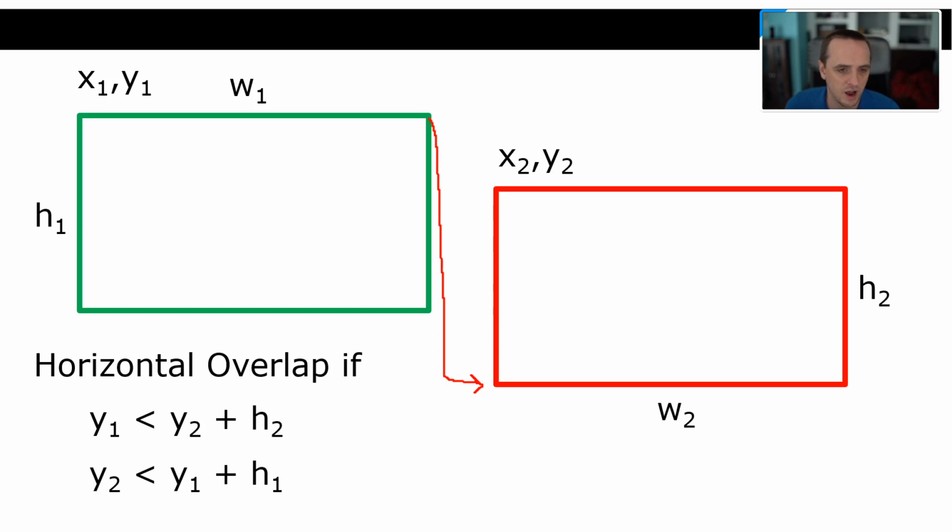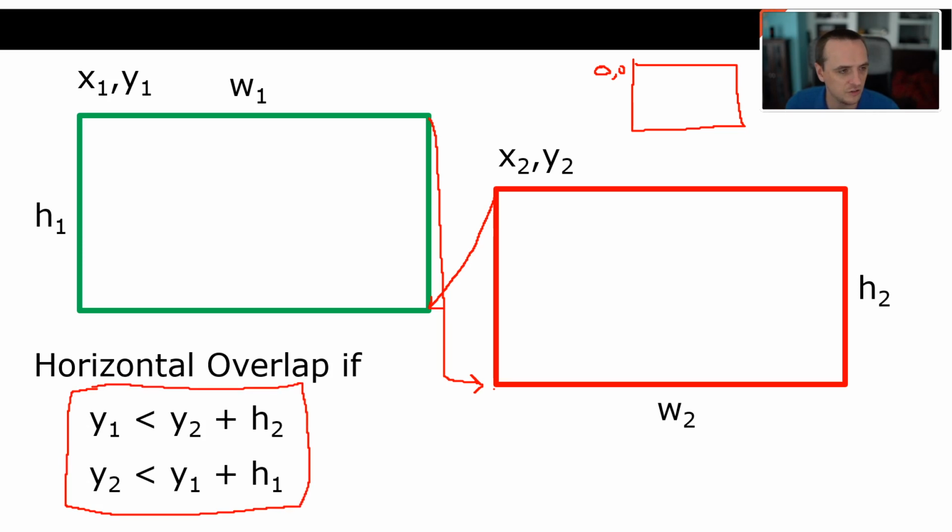Now, remember, I'm using less than in this case because in our SFML, 0, 0 is in the top left, right? So since 0, 0 is in the top left, we want this one to be less than this one, and we want this one to be less than this one. So above is actually less than when we're talking about our graphics library. And similarly, if y2 is less than y1 plus h1, and look at that, we can determine horizontal overlap in just these two if statements. So we're already doing better.